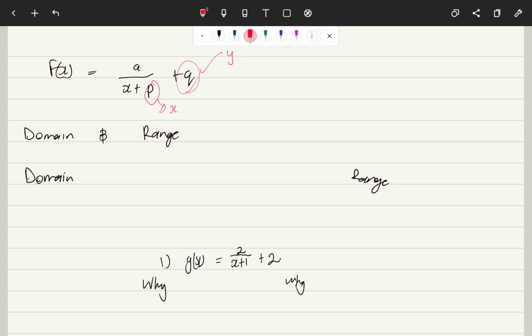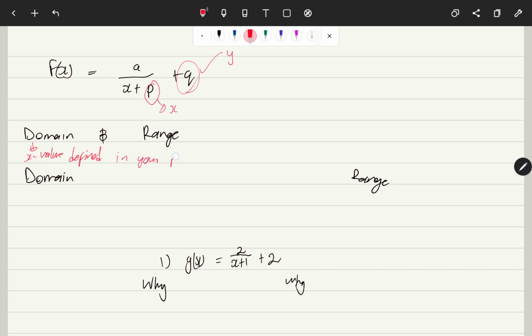A domain is defined as a set of x values that are defined in your function.